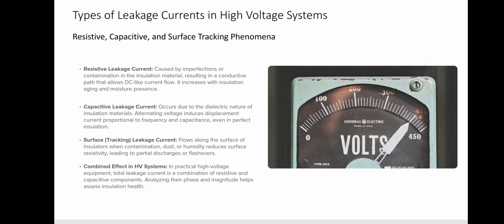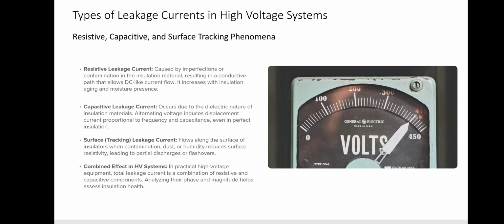Capacitive leakage current occurs due to the dielectric nature of insulation materials. Alternating voltage induces displacement current proportional to frequency and capacitance, even in perfect insulation.